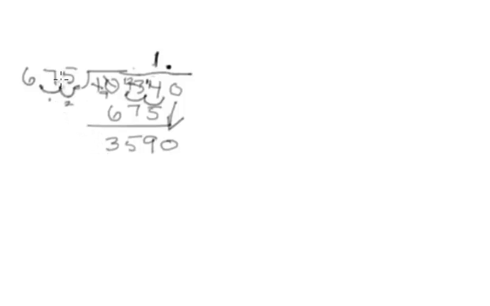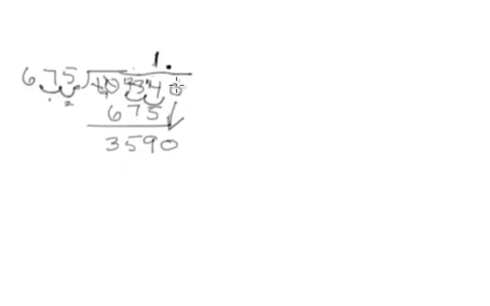To make it a fairly simple number, I round 675 up to 700 just to get an easier number to multiply. 700 times 10 would be 7,000, so that's way higher. 700 times 5 is 3,500. So 3,500 is fairly close to 3,590. I'm going to try that.